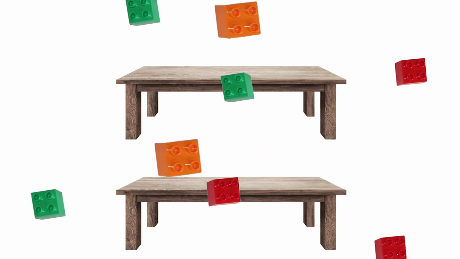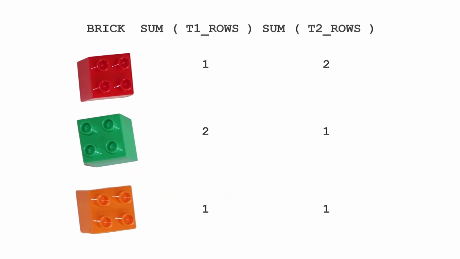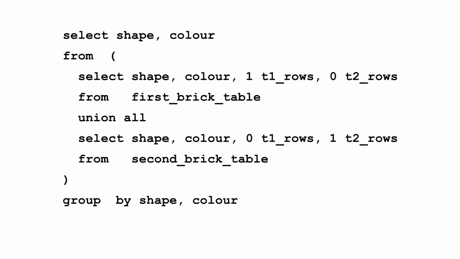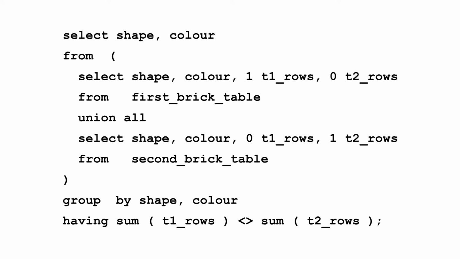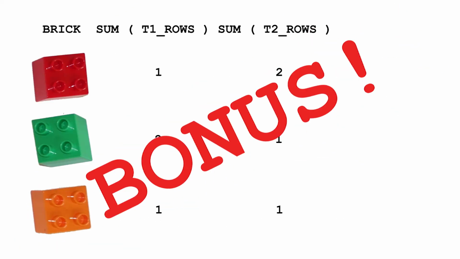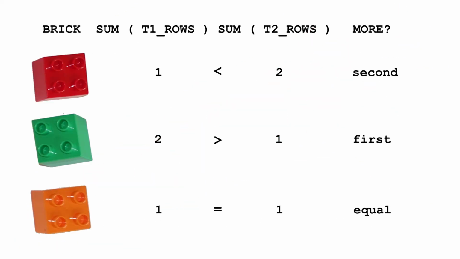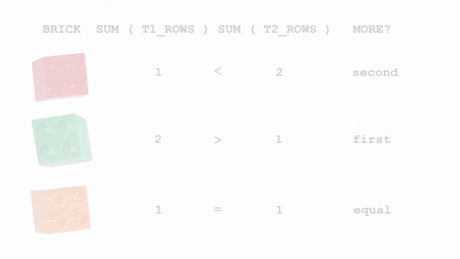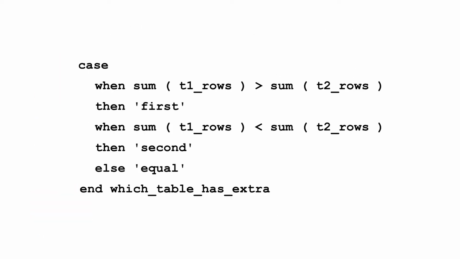Summing these up in your outer query will tell you how many bricks you have of each type from each table. So you can find the mismatches by comparing these in the having clause. As a bonus, you can also see which table has the extra rows. Do this by comparing the sums in the select and returning the name of the table which has more.